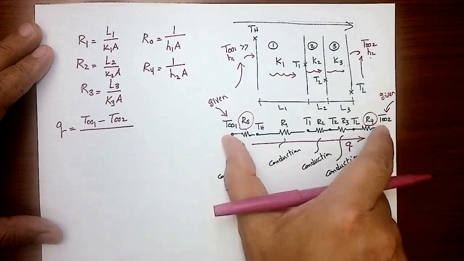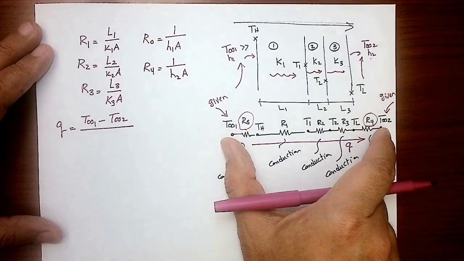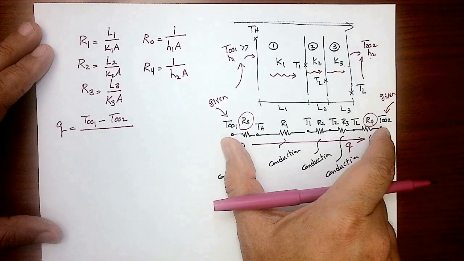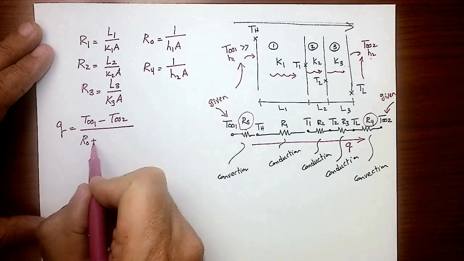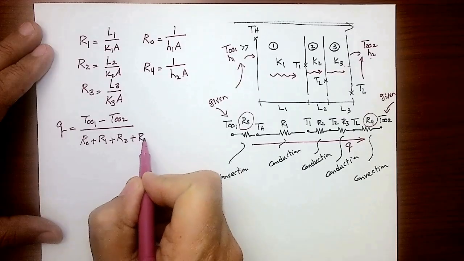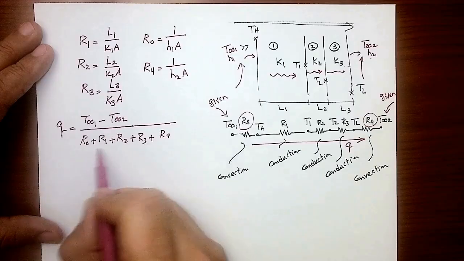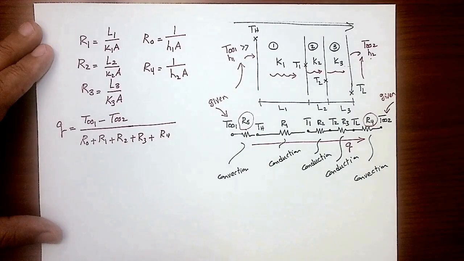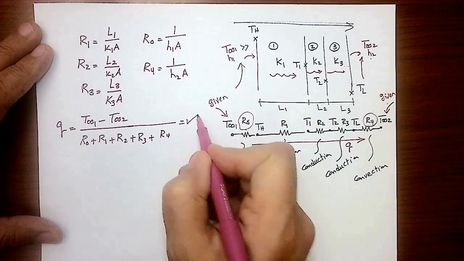So between T infinity 1 and T infinity 2, I have 1, 2, 3, 4, 5 resistances. All of them are connected in series. I can add up all of them to get the equivalent one. So that's going to be R node plus R1 plus R2 plus R3 plus R4. What you're going to get out of this equation, if you know how to calculate each one of these resistances and you are given the two terminal temperatures, is the value of Q.